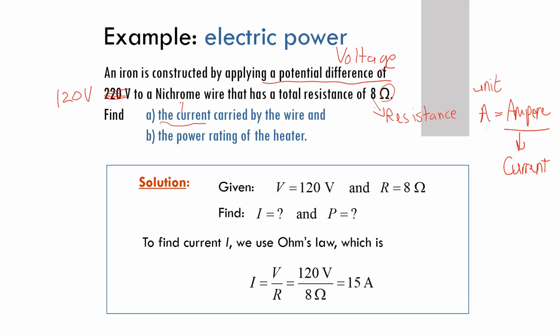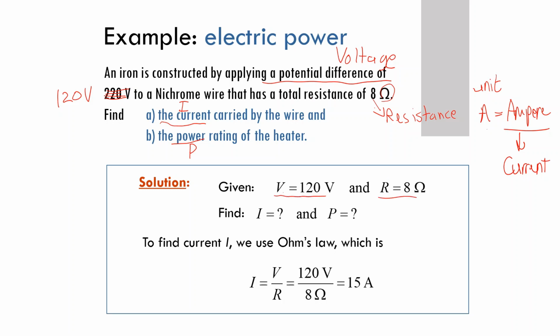The current is I. We also want to find the power rating of the heater. The power is P. So we have to find I and P. What we know is V, the voltage, and R.